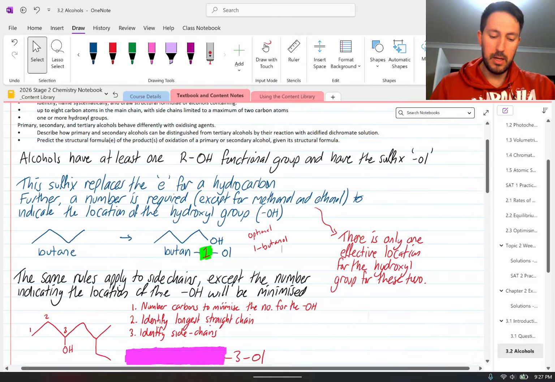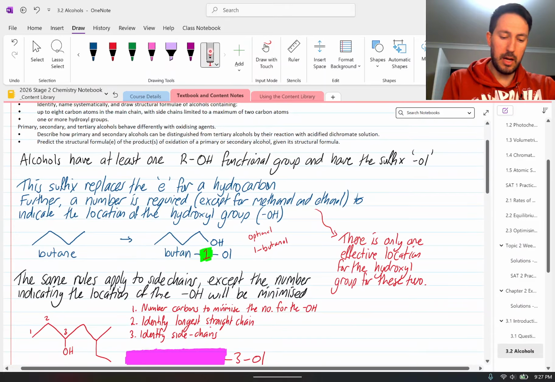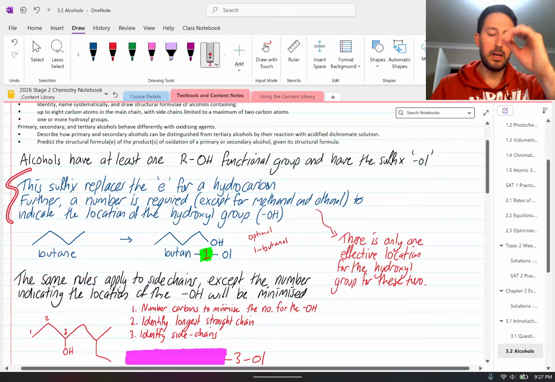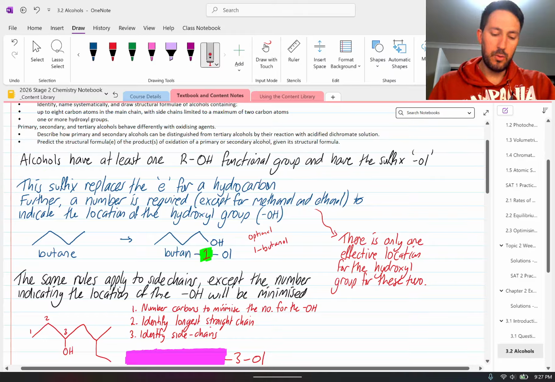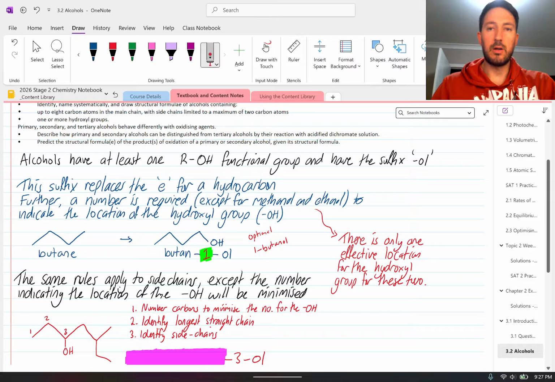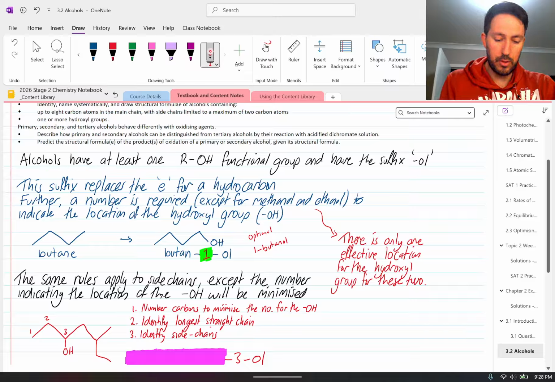Okay, now I did mention up here, not that it's super duper important, that when you are making an alcohol, or at least drawing one, they are going to have numbers that tell you where that alcohol group is. That is only if there is more than one option for where that alcohol can go. So for butanol, the OH group can go on butane here at the end, or it can go on this carbon here.